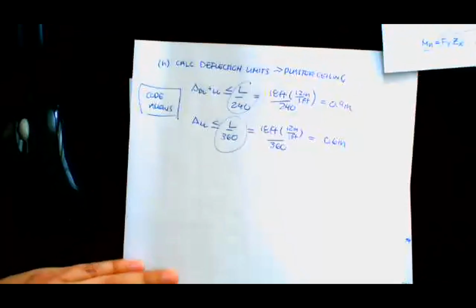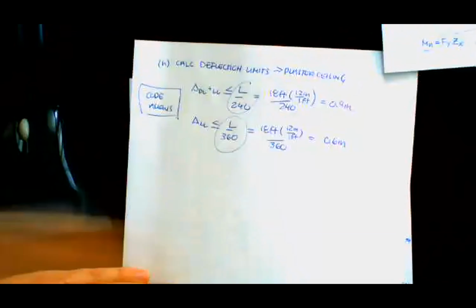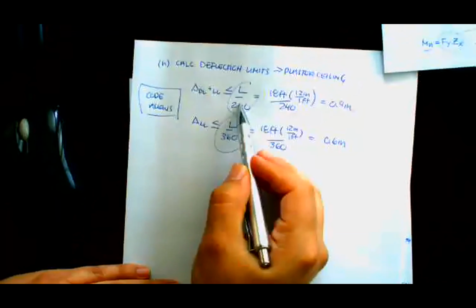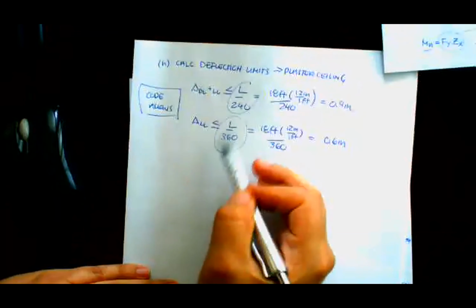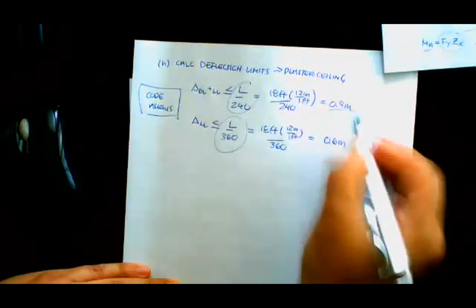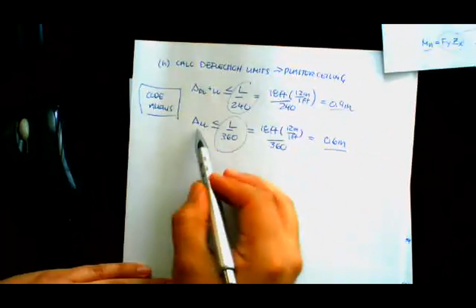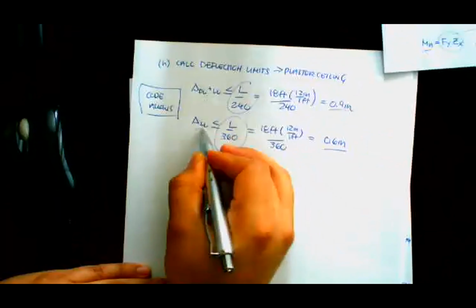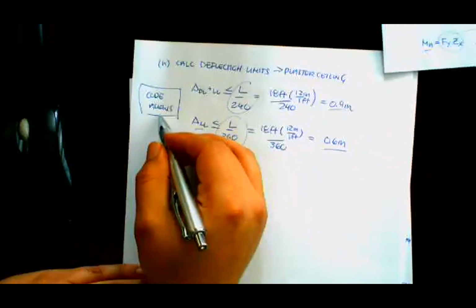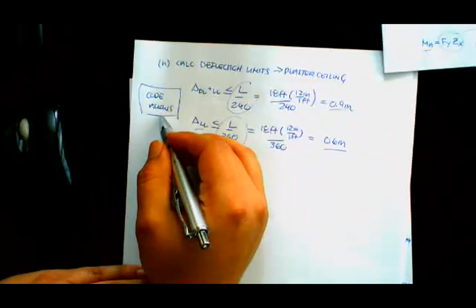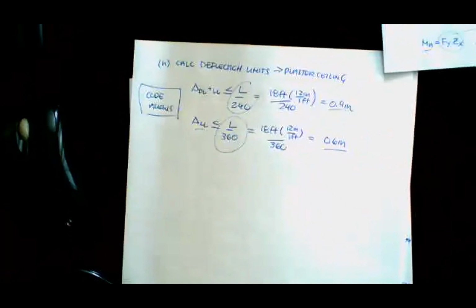So it's basically saying, if I have a plaster ceiling, this is the maximum amount of deflection your beam can withstand given this type of load condition before it's considered too much deflection. So now we've got to check what the actual deflection of a 12 by 14 beam is given the load conditions.